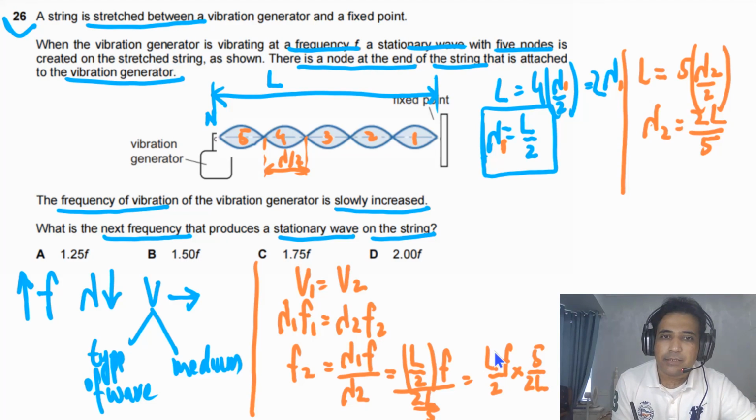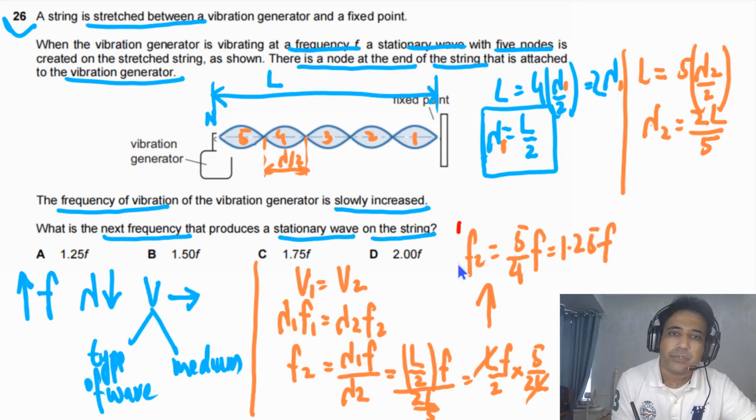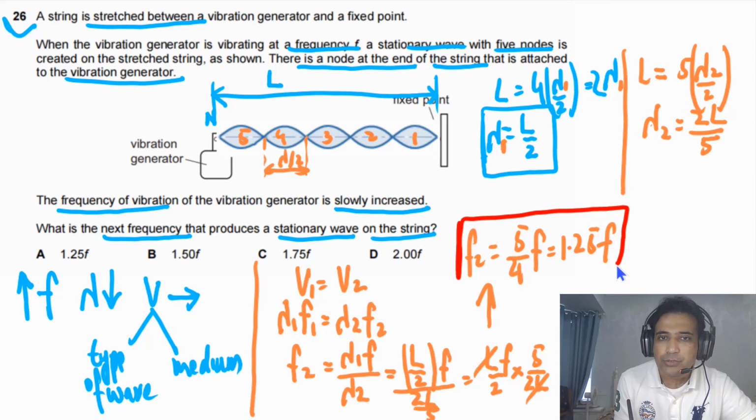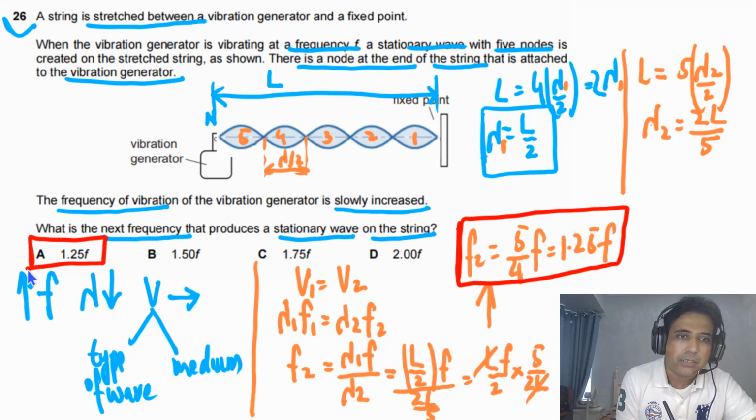In this case we can cancel this L with this L, so we are left with F2 equal to 5 divided by 4 times F, which is 1.25 times F. A beautiful question and a beautiful technique to handle this type of problem. So our final answer is 1.25. The answer for this question is A.